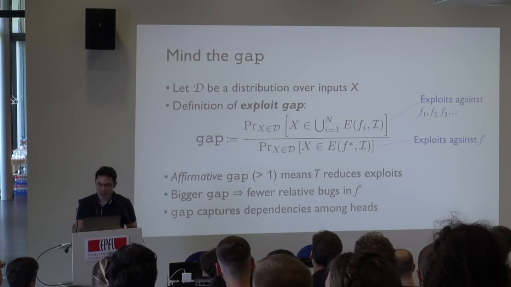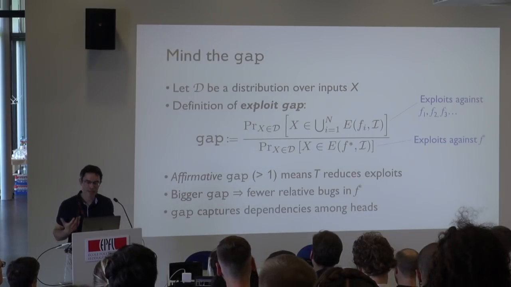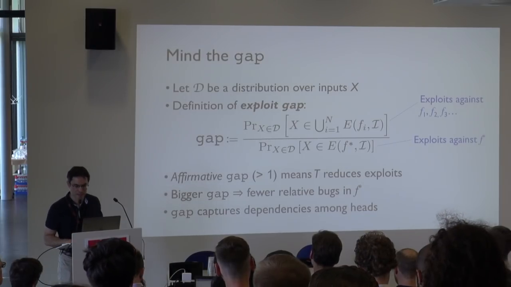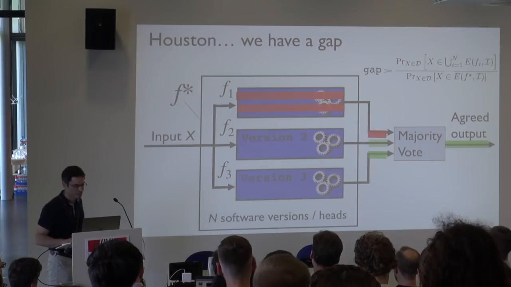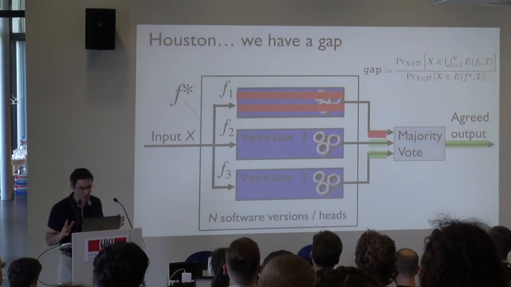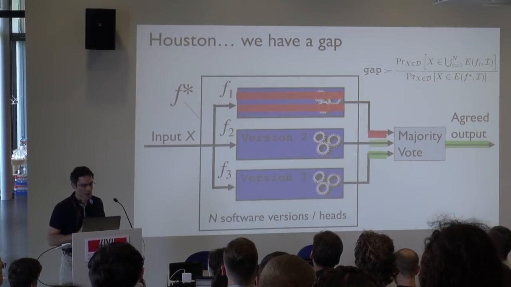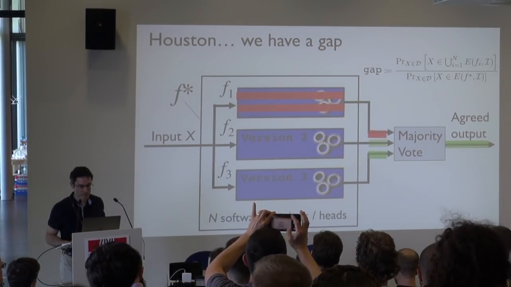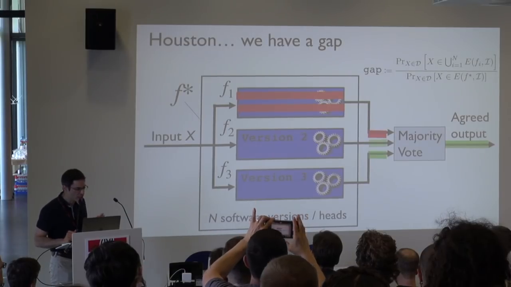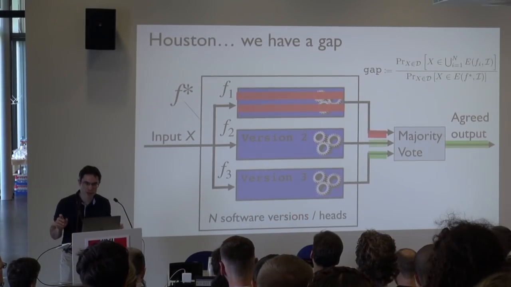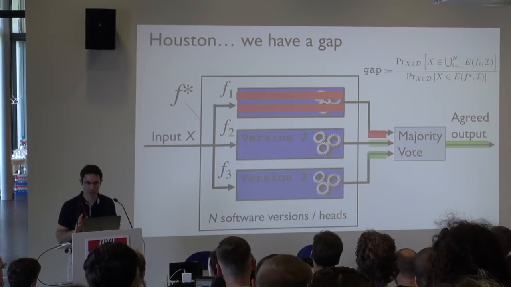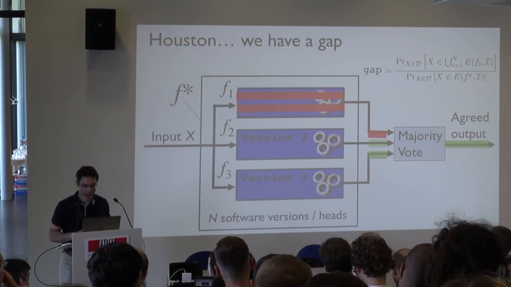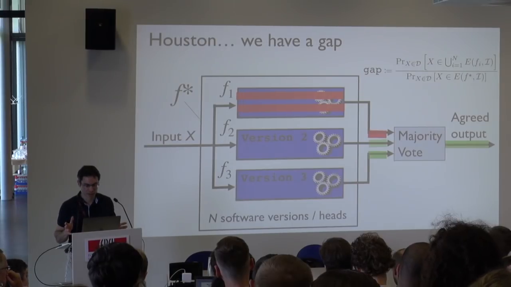This notion of a gap implicitly captures dependencies among the heads in your meta program. Let me give you an example. Suppose that we've got a meta program on 3 heads here, where one of the heads has a bug. Well, you can see, if we use n-version programming, that we're still going to get a correct output, given the input x that induces the bug in this one head in the ensemble.